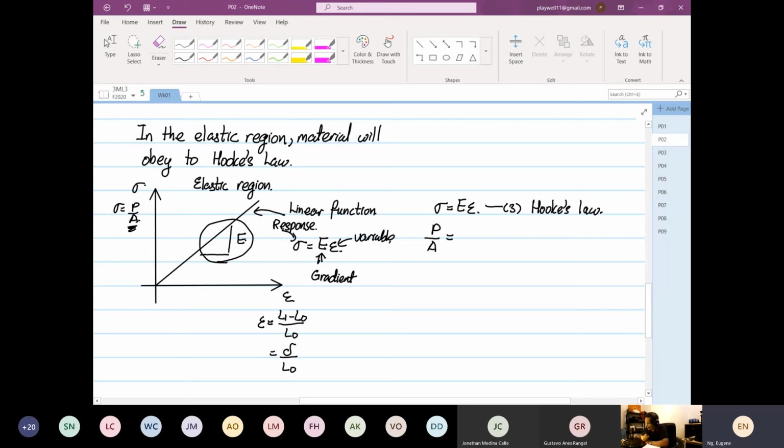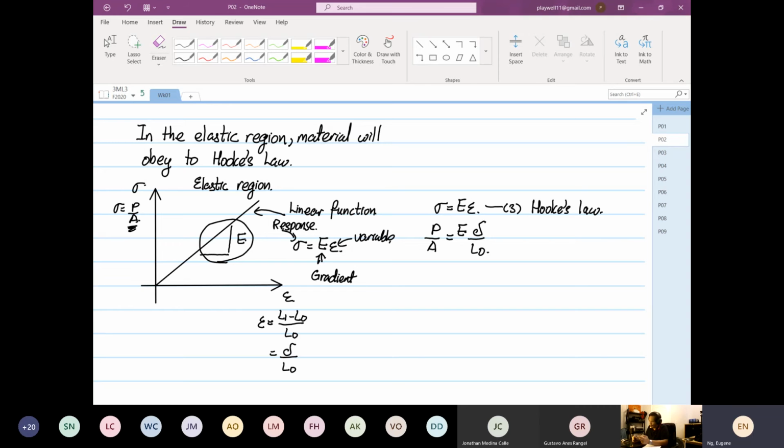Young's modulus is still Young's modulus. Epsilon is equal to deflection over L0. So we have replaced some of the variables.